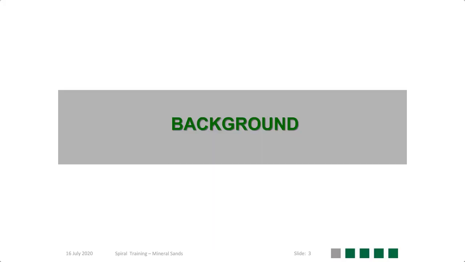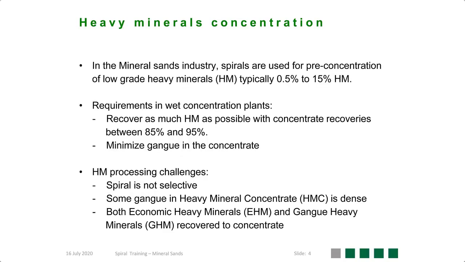So why is a new spiral needed? Well, in the mineral sands industry, spirals are used for the pre-concentration of low-grade heavy minerals, typically with a feed between 0.5 to 15% heavy minerals. In wet concentration plants, the requirements are to recover as much of the heavy minerals as possible, with concentrate recoveries ranging between 85 and 95%, and in turn minimizing the gangue that reports to the concentrate.